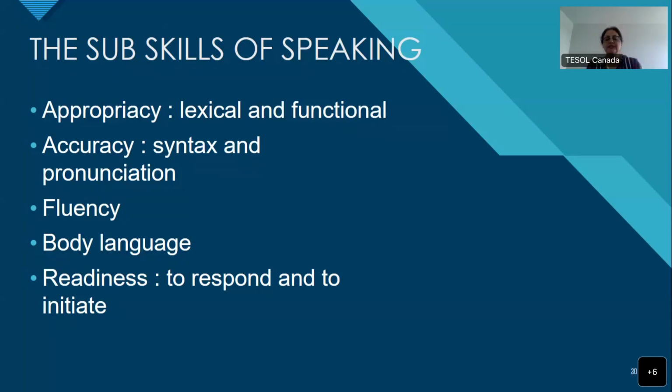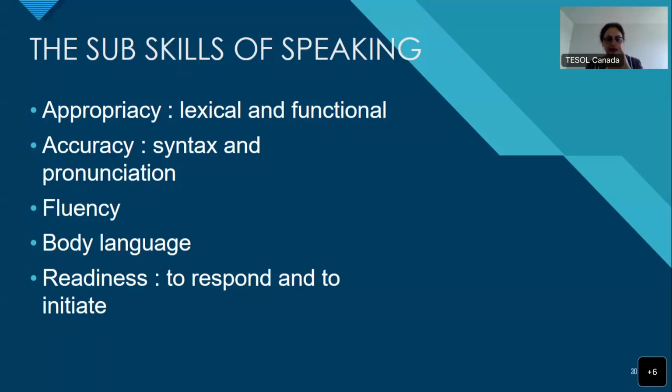Fluency is a skill where your students talk the language with no hesitation, with no pauses, talking fluently. That's fluency. Accuracy refers to syntax and pronunciation. So they use correct structure, correct pronunciation, correct intonation.